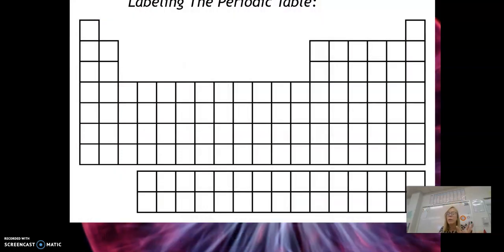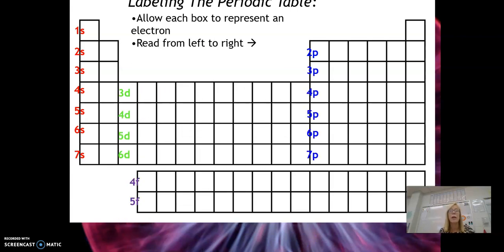Now, remember, the periodic table is our friend. On your chemistry cruncher periodic table, you can label parts of it because you'll remember the S block is the first two columns on the periodic table. The P block are the last, we have the P's and the D's, right?